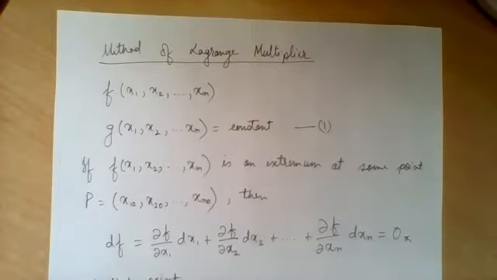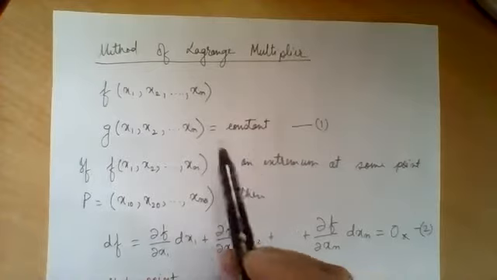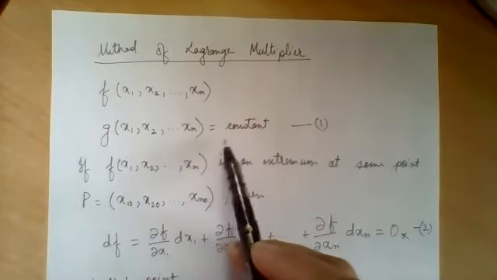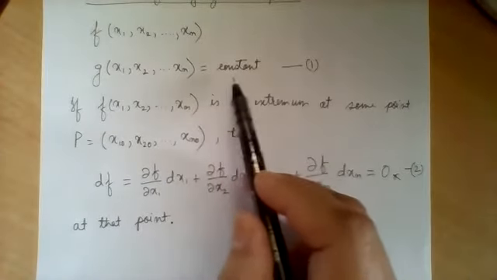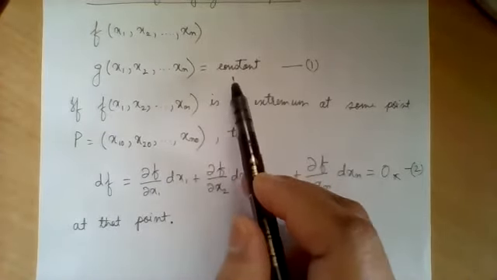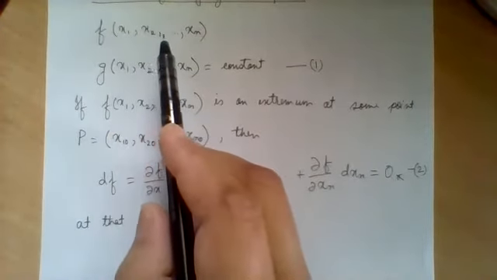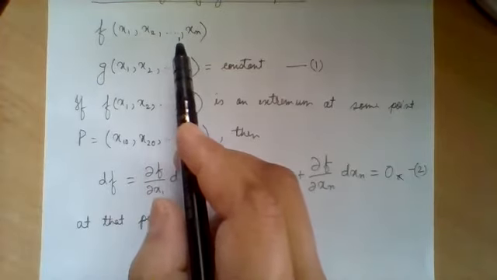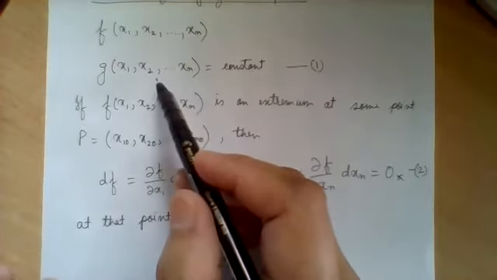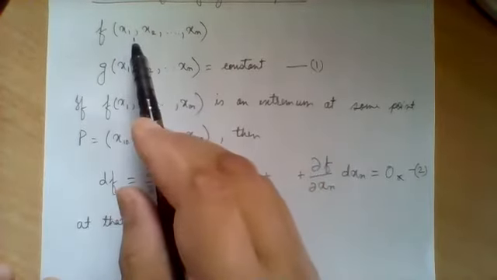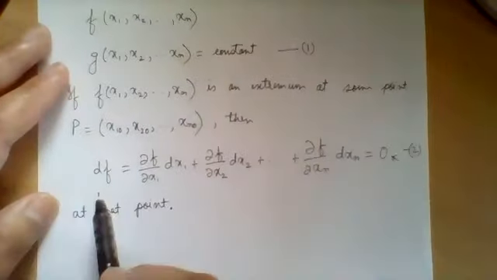Let me call it equation number 2. If there were no constraint equations, then all these variables x1, x2, x3, and so on till xn would be independent.